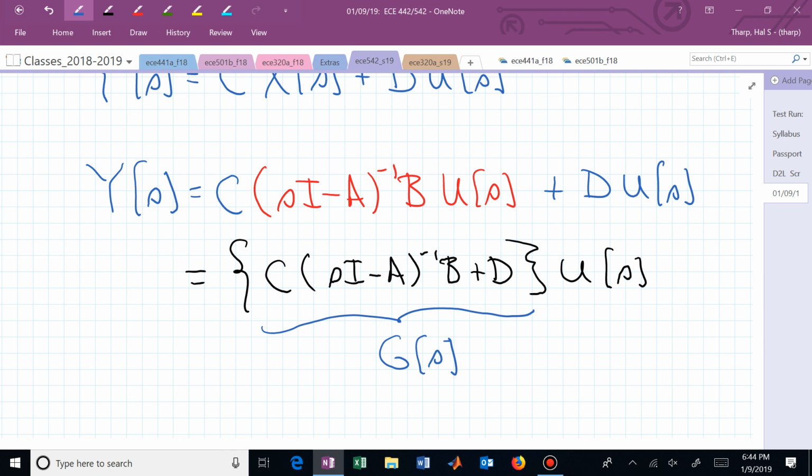It will be a numerator polynomial divided by a denominator polynomial. And after all of this math, what would be in that denominator polynomial? A second order polynomial in s, since we had a second order system and our A matrix was 2 by 2.